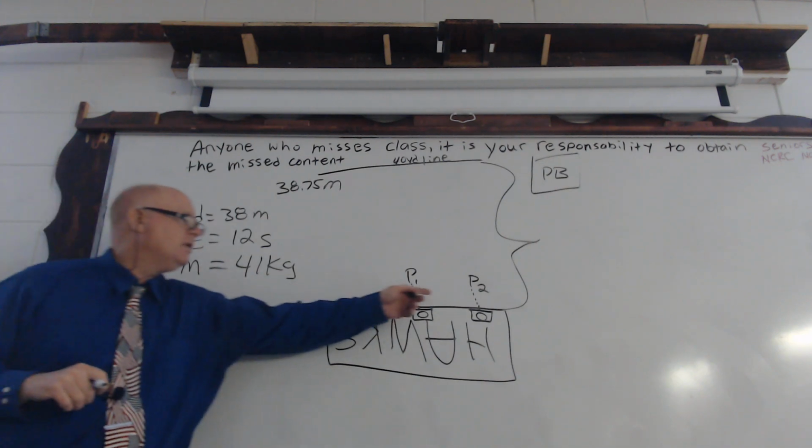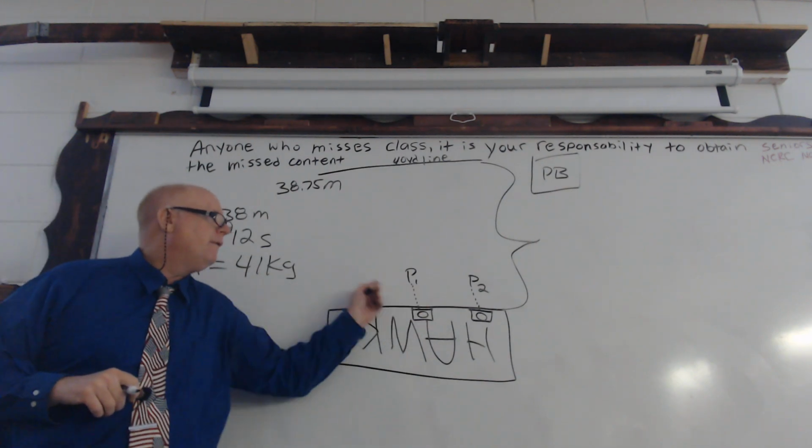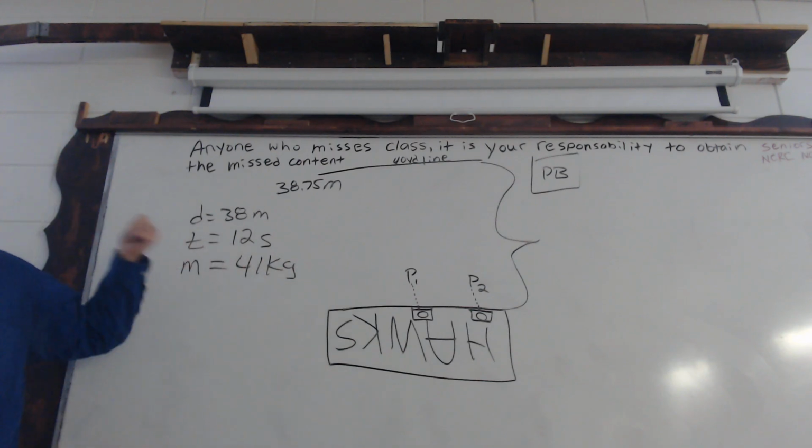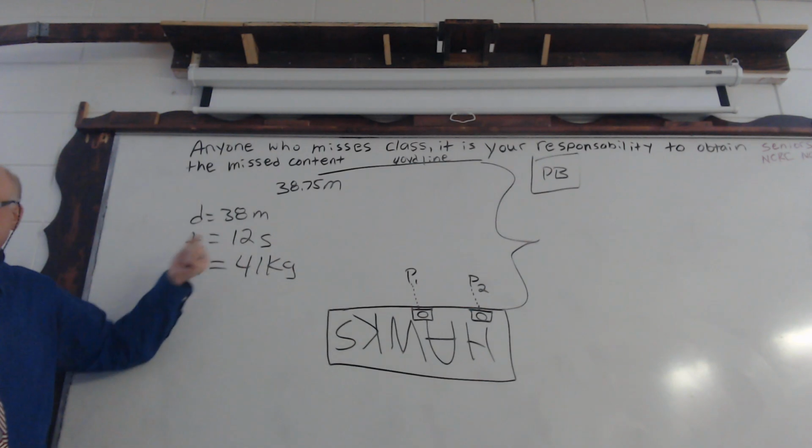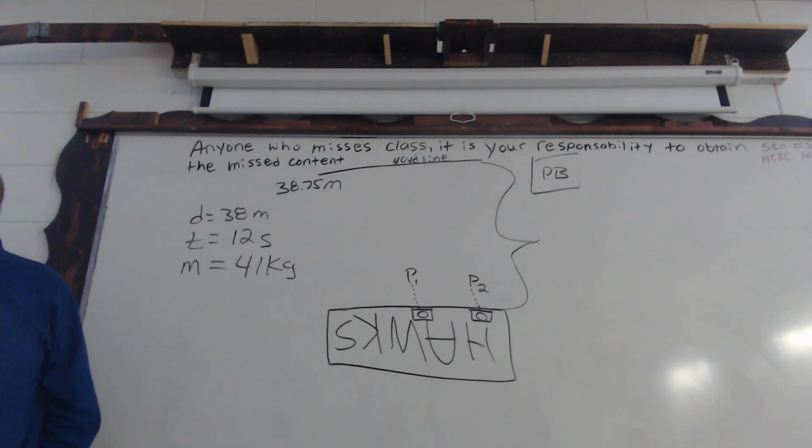So person 1 and person 2. What variable do we know that we need to solve for acceleration, besides the time? We know the time. What 3 variables do you need to know to solve for acceleration? Initial velocity and final velocity. Okay. Do we know the initial velocity? No, 0.